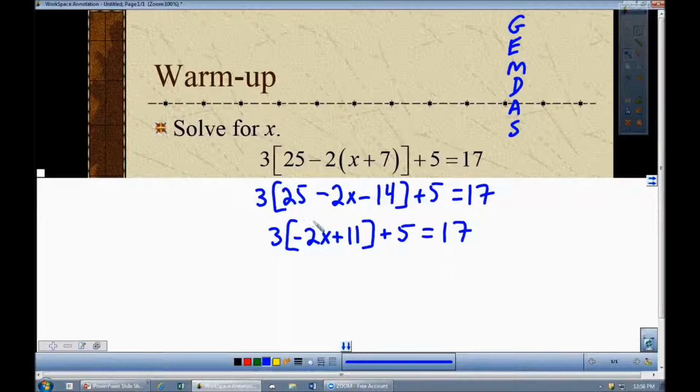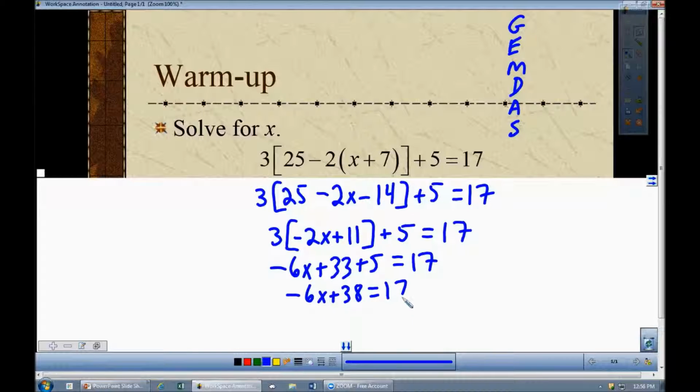Let's do this multiplication. 3 times this bracket's -6x plus 33, plus 5 equals 17. Now I can finally get down to my last part of the order of operations, adding and subtracting. I'm going to add these like terms, and we'll get -6x plus 38 equals 17.